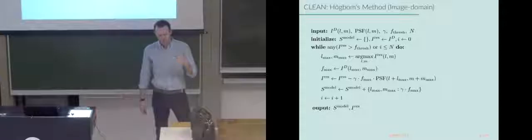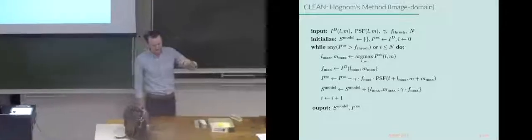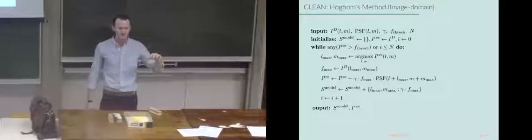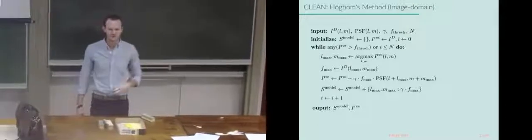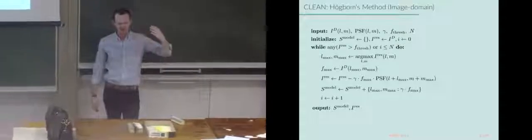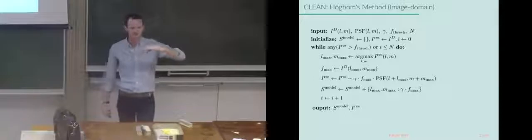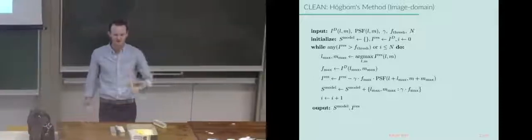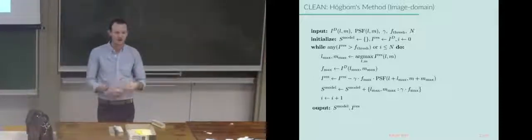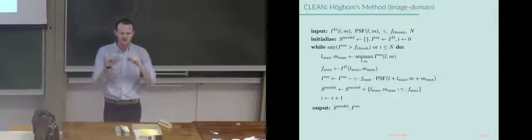But if you say, well, with this 10 microjansky floor, clean down to 20 microjanskys, what's going to happen is it's going to clean real quick down to some level, say 20 or 30 microjanskys, and then it's going to spend a really long time trying to clean deeper because it's picking up noise artifacts all the time, subtracting off just a little bit of flux every time.